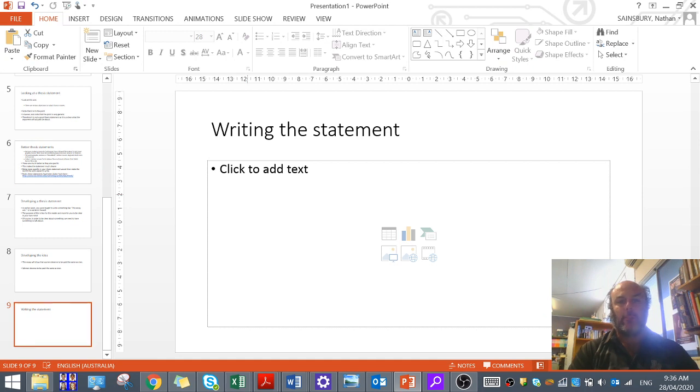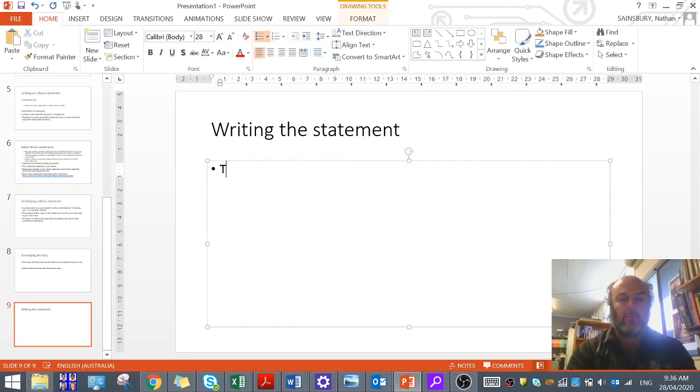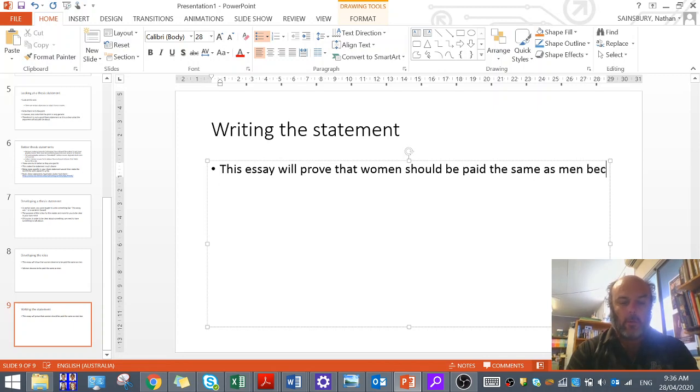So we might argue that we'll do the same thing as we're doing before. This essay will prove that, we'll make it a positive, I was going to go negative, that women should be paid the same as men because they do the same job.